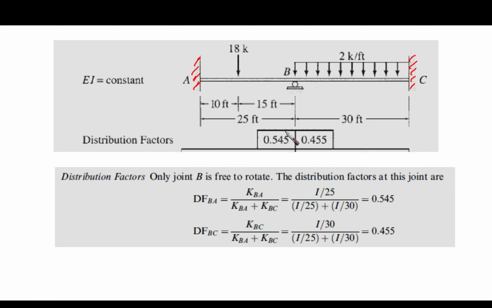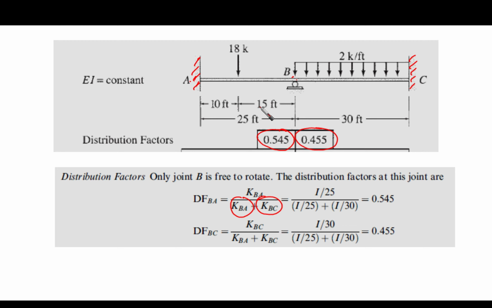Now let's assume that we want to get the distribution factor on the right and left of point B. How can we obtain it? Look at span BA, far end is fixed, and span BC, far end is fixed. So the denominator of the distribution factor for BA is going to be KBA plus KBC, far end fixed in both cases.